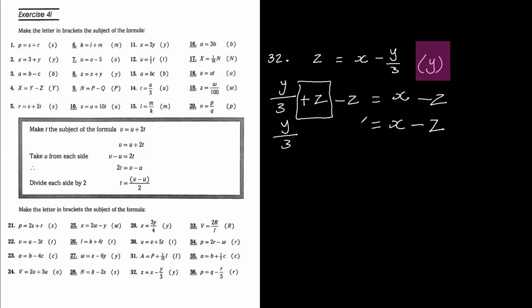So this will cancel off. I usually just say take the z and carry it on the other side. So plus z minus z, so I minus z. So now my value is y over 3 equals x minus z.